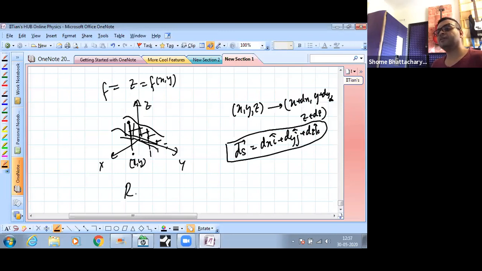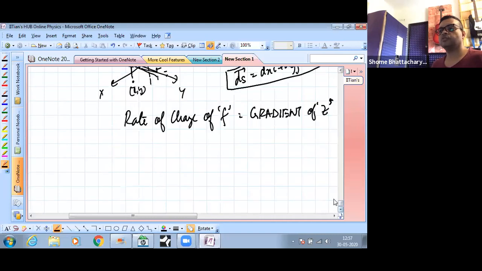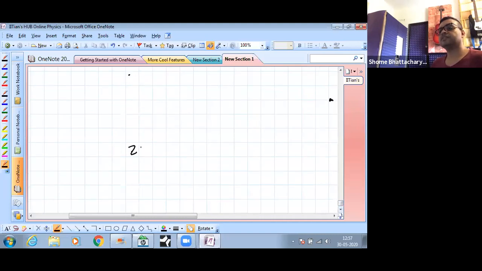So what do we mean by rate of change of the function f, or basically gradient of z in this case, because we have related z to that function? We are thinking of some kind of slope, but it's a two-dimensional surface. So here z is a function of x, y. In terms of geometry, z is a surface.